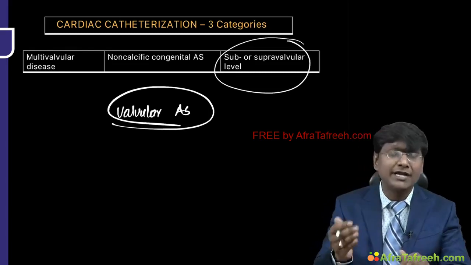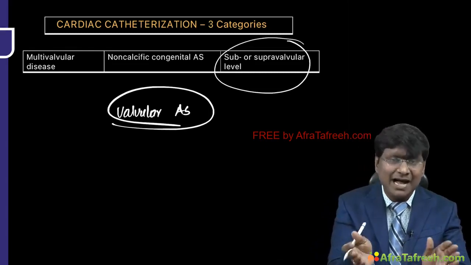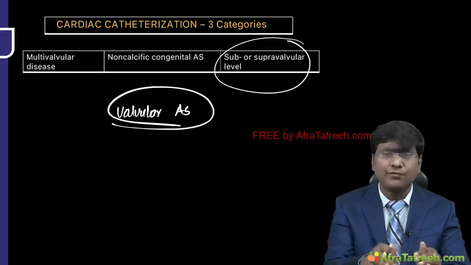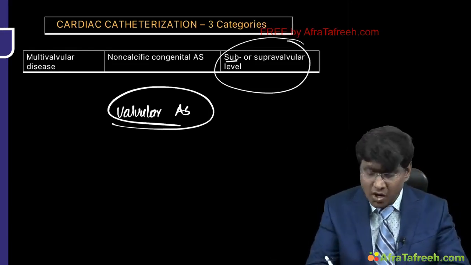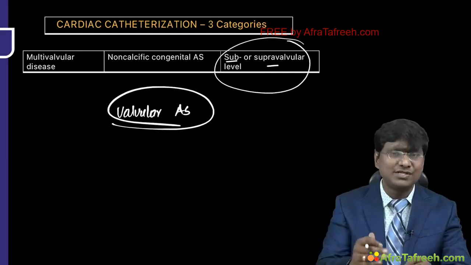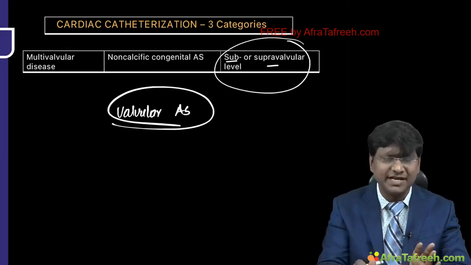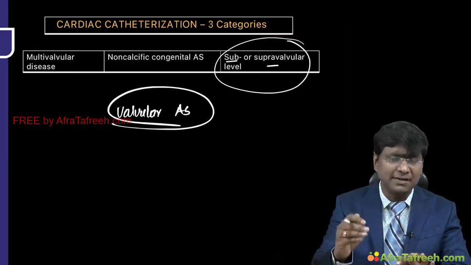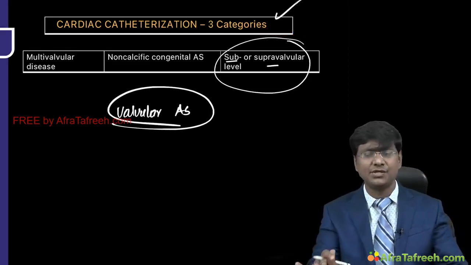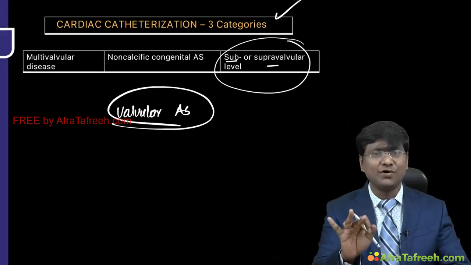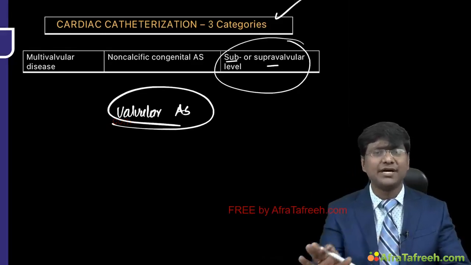Whereas if you are in doubt, that means there is some other cause for left ventricular outflow tract obstruction, either subvalvular stenosis or supravalvular stenosis you are suspecting, then in such cases you need to do cardiac catheterization. So these are the three scenarios of aortic stenosis where you need to do cardiac catheterization.